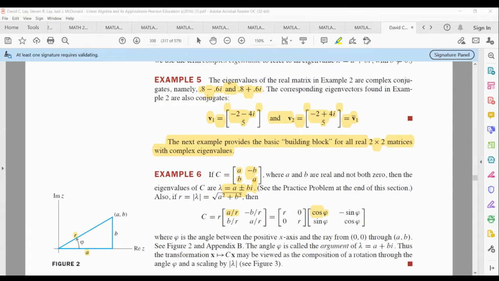Cosine, that's right. Good, Nafani. So the cosine of varphi would be A divided by R, hence cosine of varphi is A over R.